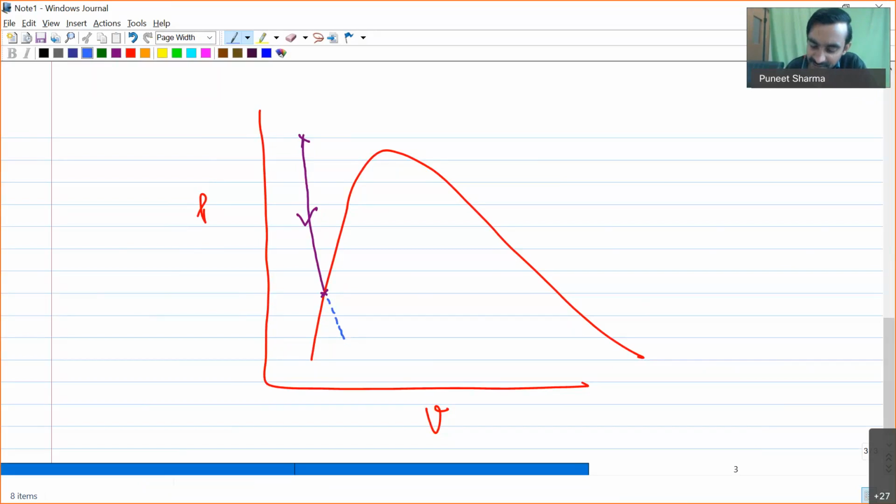We will be finding a situation where the temperature we are trying to maintain the same, T1. Corresponding to T1, I have some saturation pressure over here, Psat. So if my actual pressure goes below the saturation pressure, what will be happening?